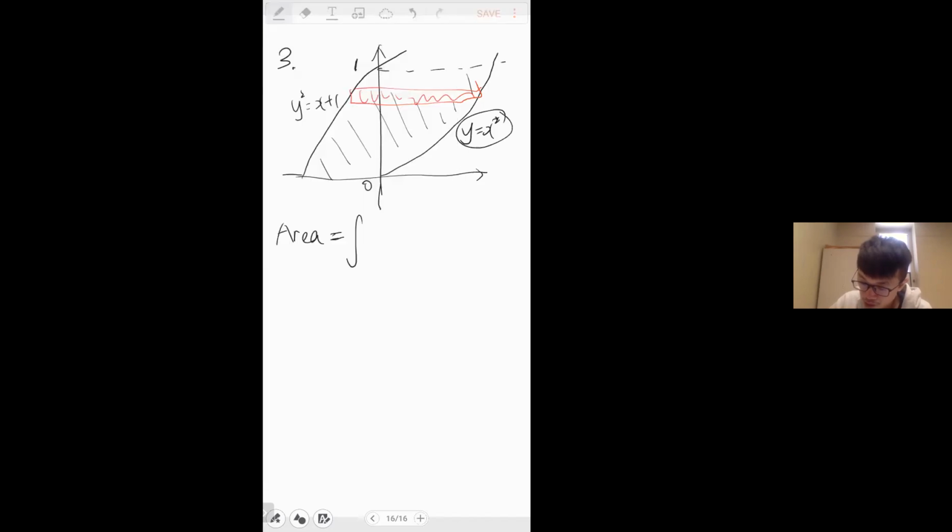So x equals, if y equals x squared, what is x? Yep, square root of y. Technically, you have to be careful. Is it positive root y or is it negative root y?